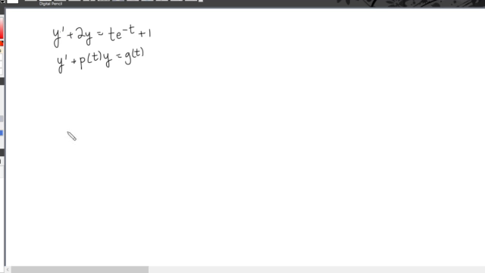Okay, so yeah, let's try it first without dividing by t. So then I'm not going to change this equation at all. So then p of t is just 2, which means that the integrating factor is just e to the power of the integral of 2 dt, which is just e to the power of 2t.